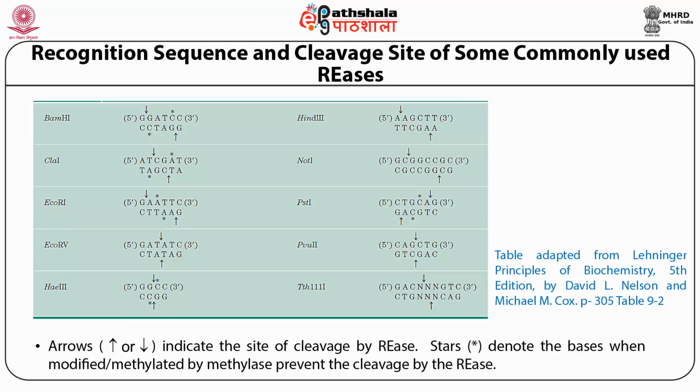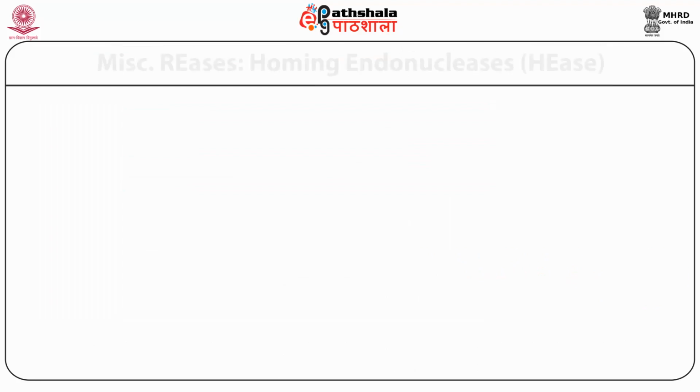Other examples are EcoRI, EcoRV, HindIII. Here, the position of cleavage is indicated by arrows, and wherever there is a star, it denotes the bases which, when modified or methylated by methylases, prevent cleavage by the REases.